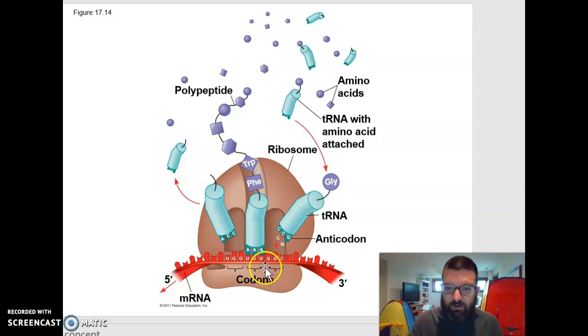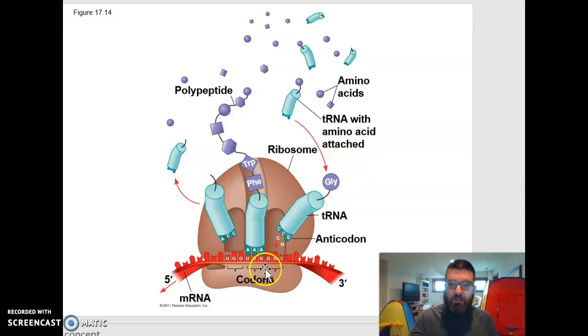So if you see this down here, GGC, right, is the codon on this mRNA transcript at the ribosome. It will always bind with a tRNA that has the CCG anticodon because it's complementary. And the CCG anticodon tRNA is always going to be attached to glycine.